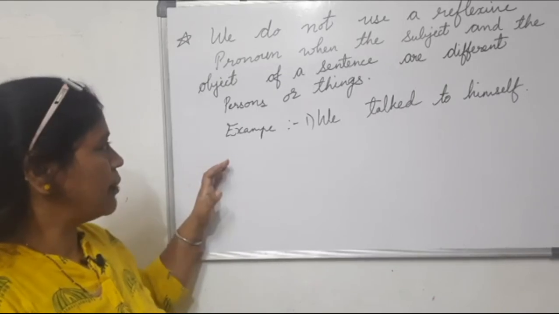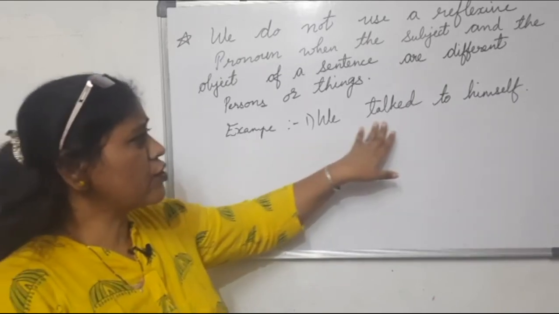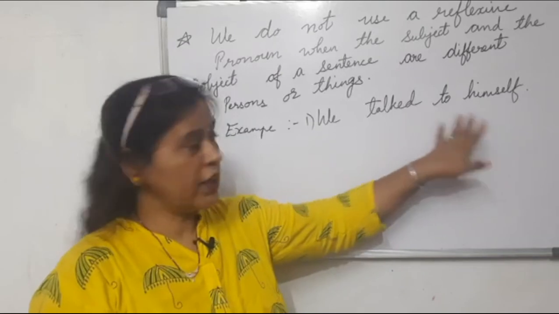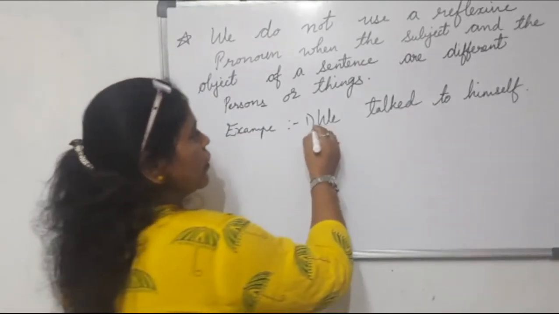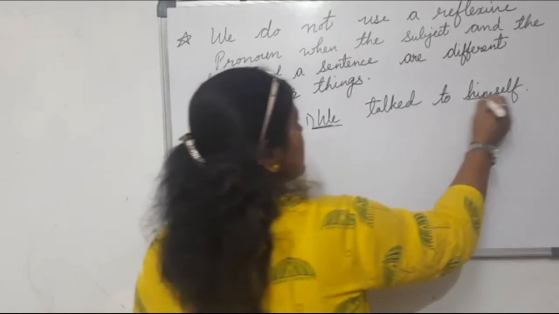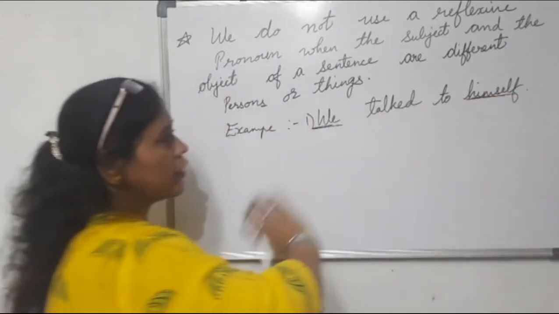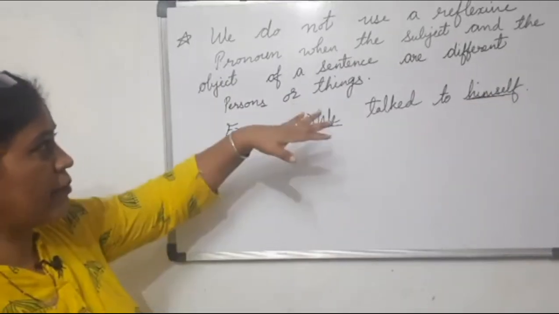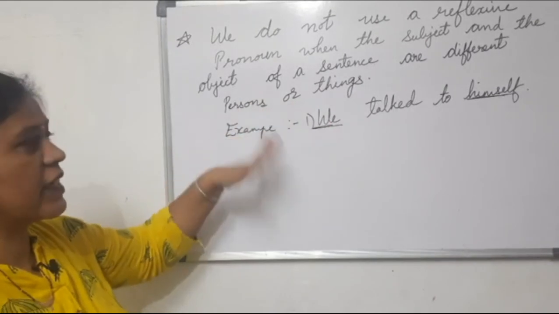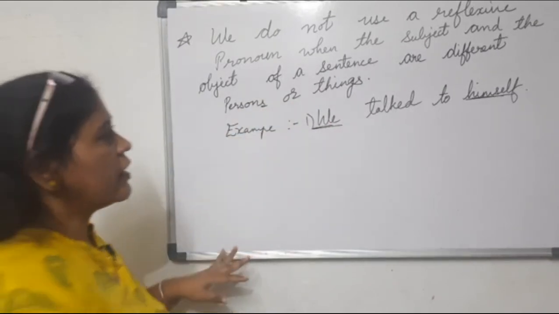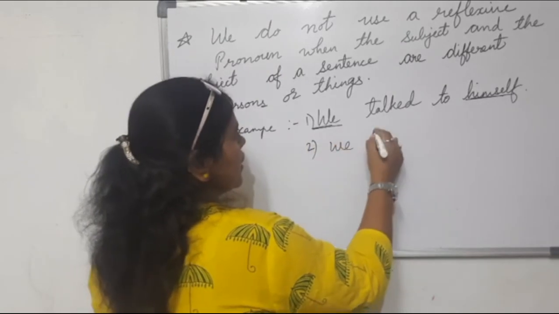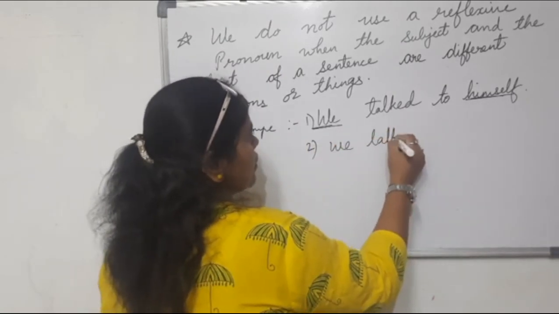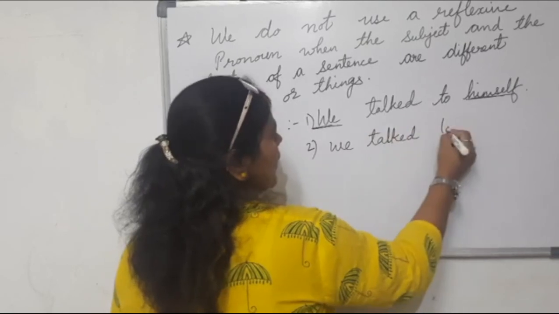For example, we talk to himself. Here we and himself are two different people, the subject and the object of the sentence are different. So simply we can use we talked to him.